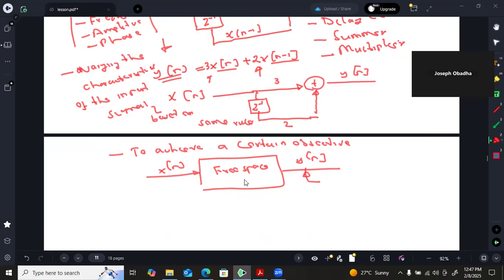And instead, we may be interested in knowing exactly how the free space affects the signal. So how is the signal affected when it passes through the free space? It may happen that we don't have the characteristics of this one, but we may actually derive the characteristics and find the filter characteristics.